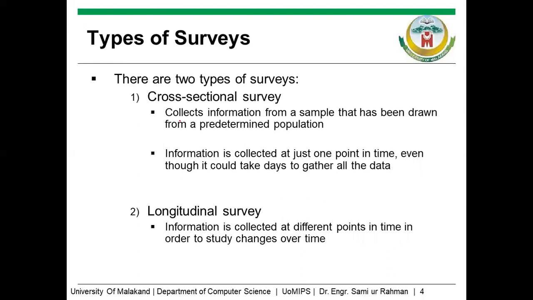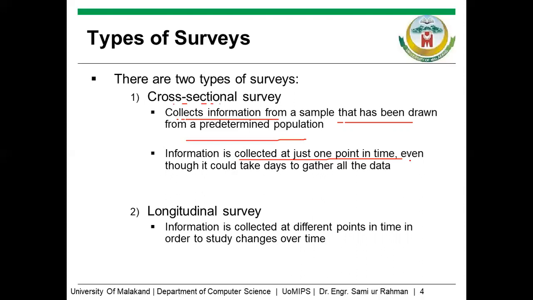In cross-sectional survey, information is collected from a sample that has been drawn from a predetermined population. We have some population and we select some samples from that population, and information is collected at just one point in time. One point in time means that in one duration those informations are collected.